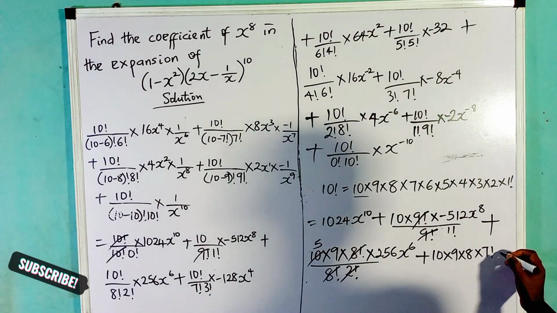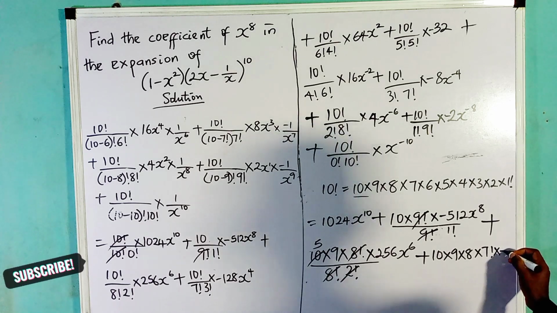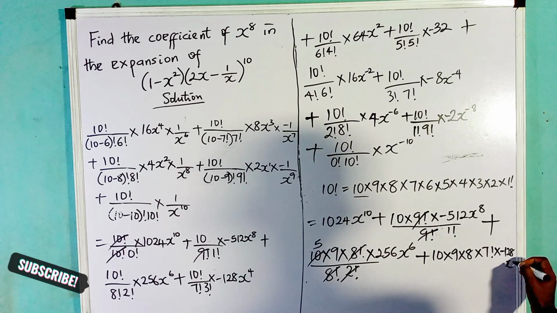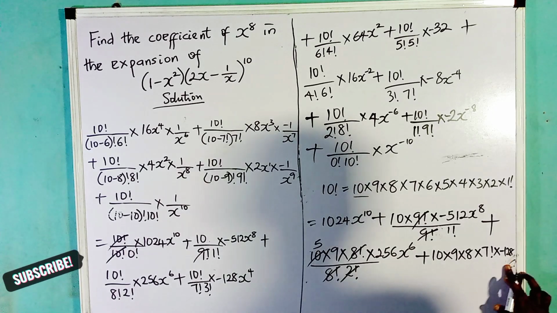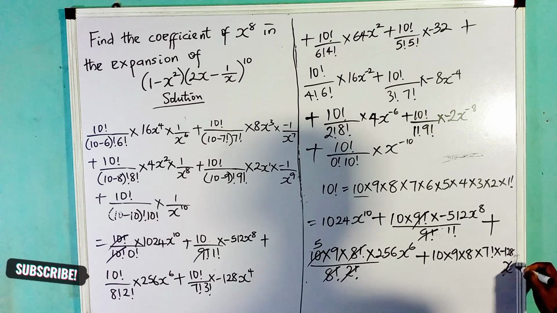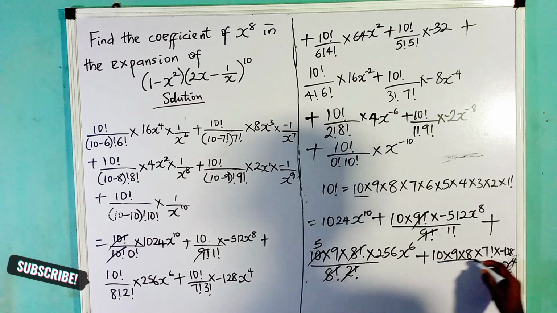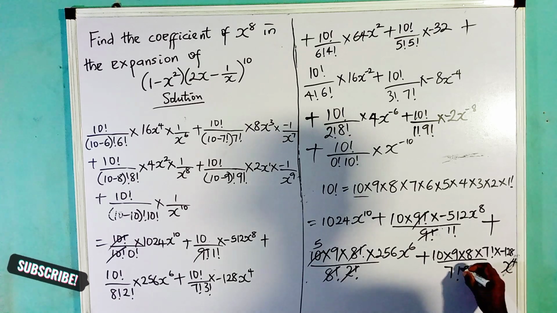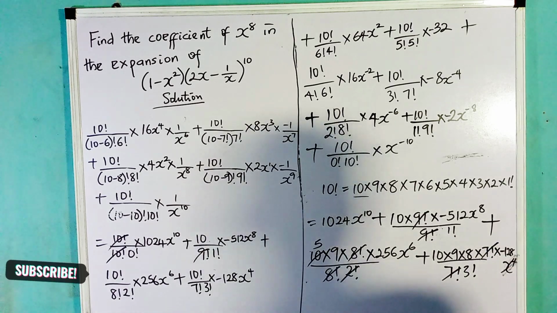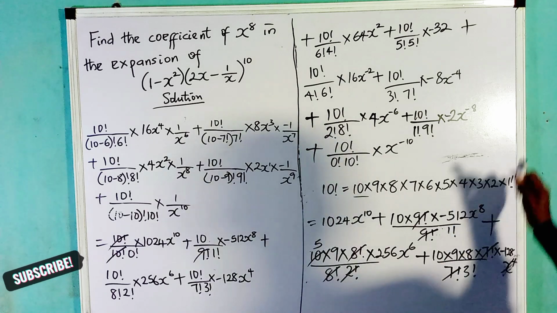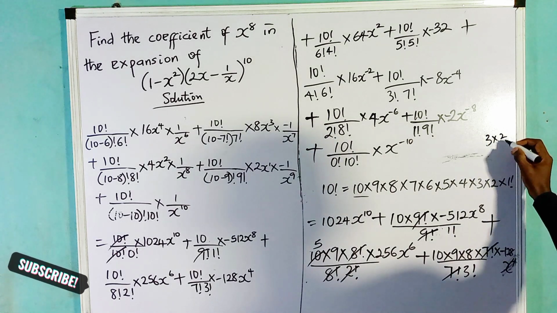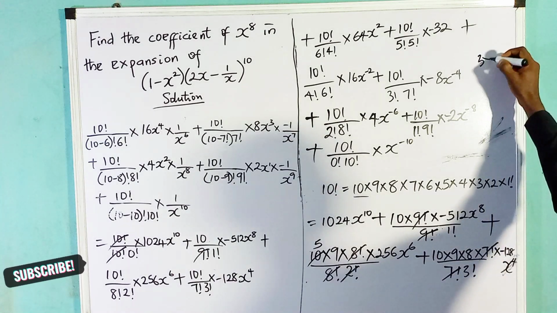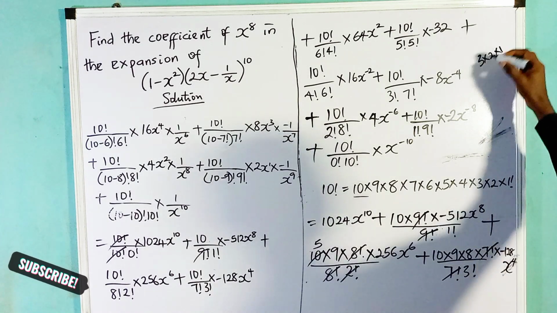So times 7 factorial times minus 128, x raised to the power of 4, over 7 factorial 3 factorial. 7 factorial cancels out that. 3 factorial is 3 times 2 times 1, which is 6.